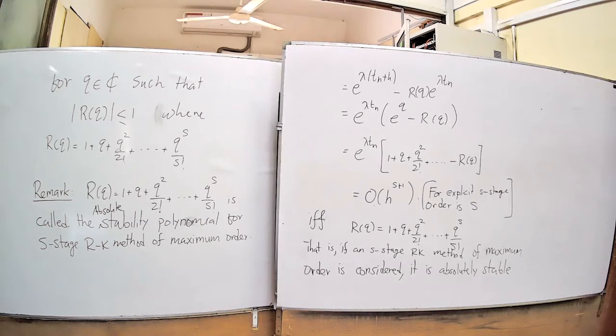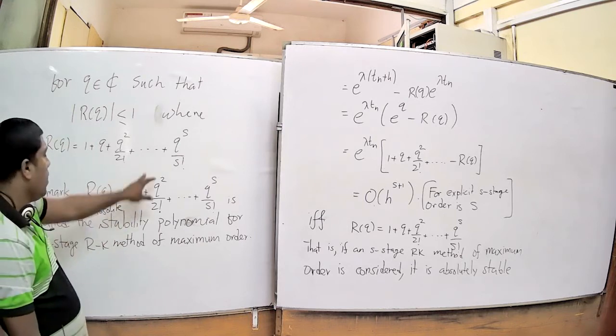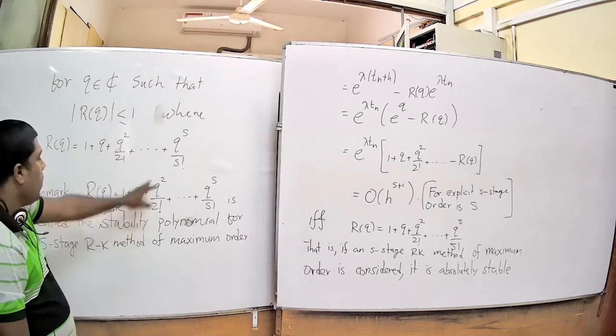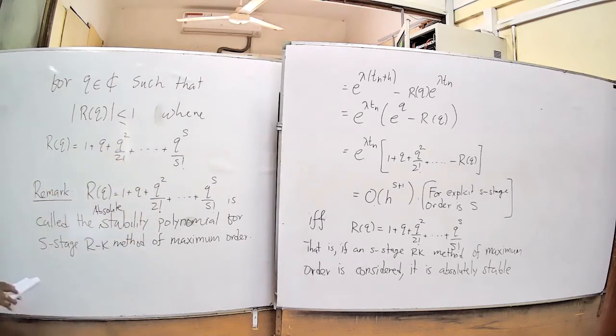Now it is easy, because all you need to do is write down the polynomial based on this. For example, if I have a first-order method, you go up to s equal to 1. If it is a second stage, you go s equal to 2. If it is a 5-stage, you go s equal to 5.